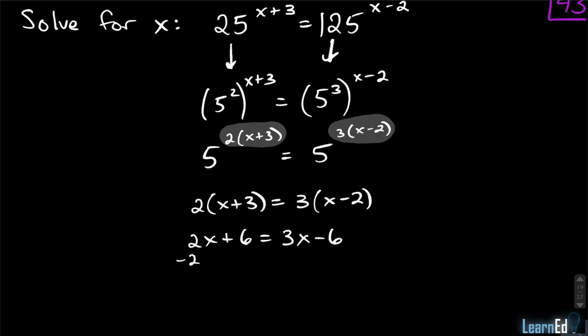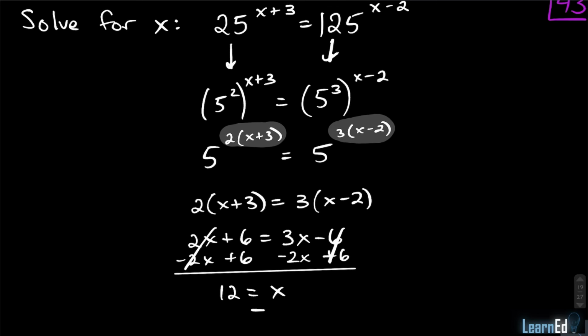We can subtract the 2x on both sides and add the 6 on both sides. So this goes away, this goes away, and now we have 12 equals x. And that's our answer.